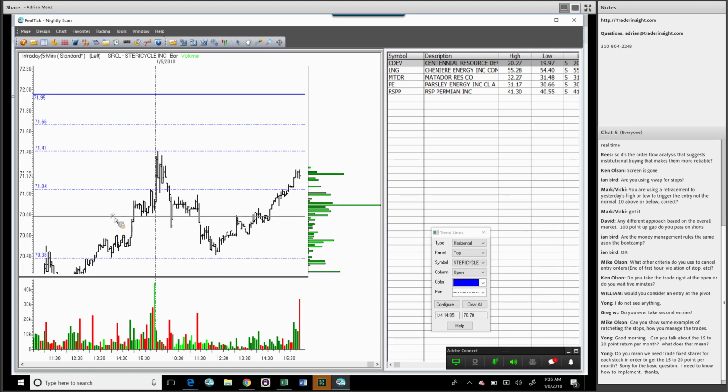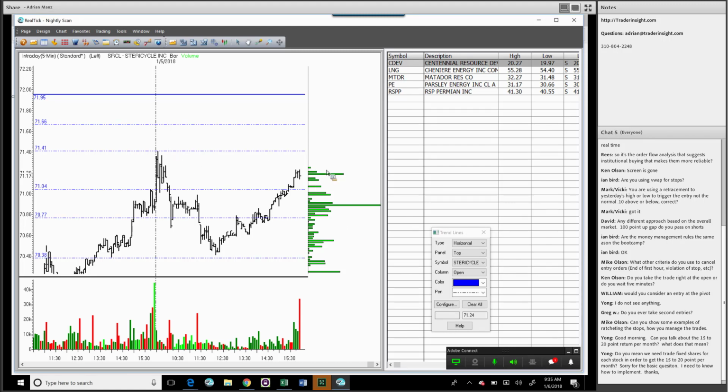As it was, my stop on this one was moved to 70.77 after we started trading into this range. This is a case where the stop was a little bit too wide, even for me right off the open. But this 70.77 stop was just a better stop on the session. In case of a move up to here, what we wanted to do was get the stop to break even as quick as we could.